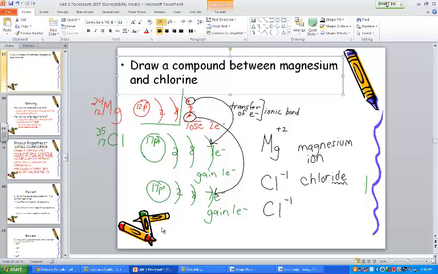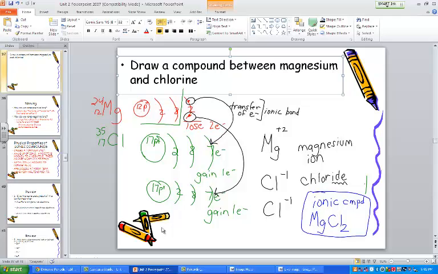The overall chemical formula for this ionic compound: for every 1 magnesium, we had to draw 2 ions of chloride. Subscripts tell me how many of each I drew. Our chemical formula for the ionic compound with the name magnesium chloride is MgCl2.